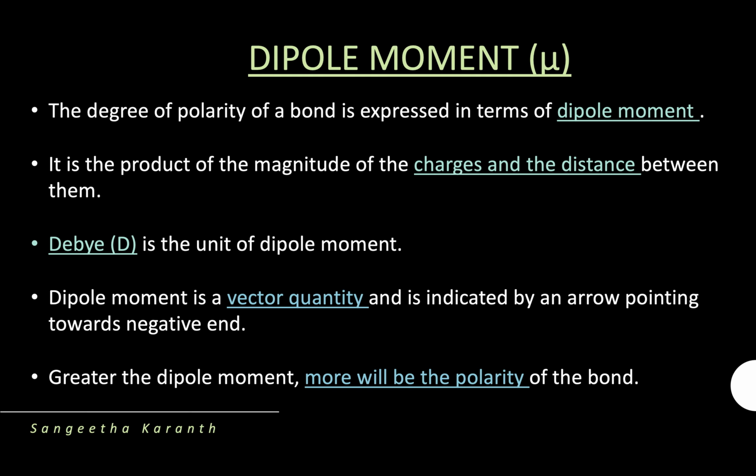It is a product of the charge and the distance between the two ions, and it is measured in Debye units, which is represented as capital letter D. It is also a vector quantity and it is represented by an arrow which points towards the electronegative atom. The greater the dipole moment, the greater the polarity of the bond.